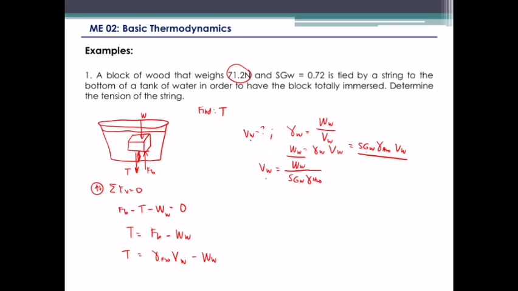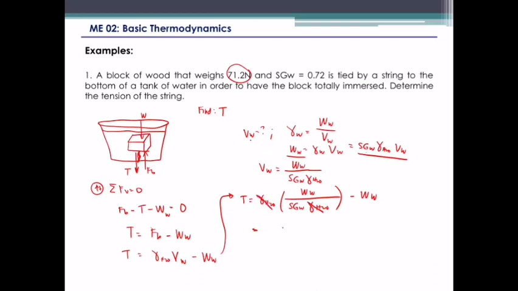Okay, so we will substitute this value. Tension equals gamma of water times weight of the wood over SG of the wood times gamma of water, minus the weight of the wood. Cancel out gamma of water.